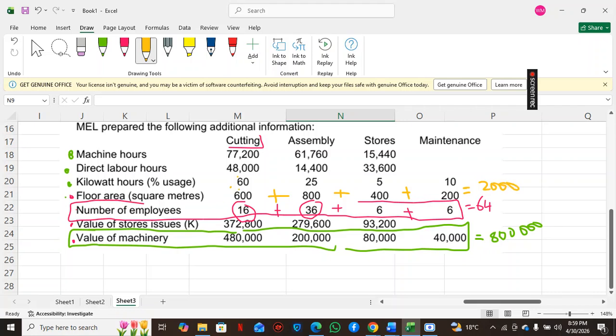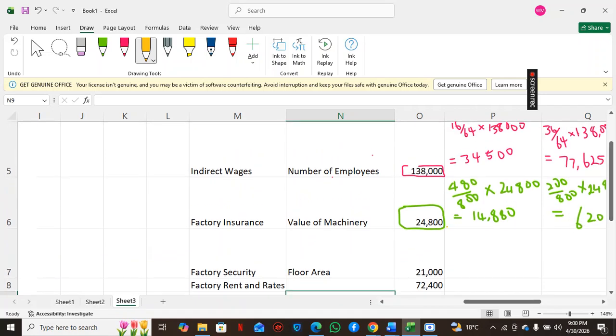Okay, so we'll start with cutting part. So you say 600 over 2000. Remember, we are sharing out this 21,000 kwacha across each of the departments. So 600 over 2000 multiplied by 21,000.